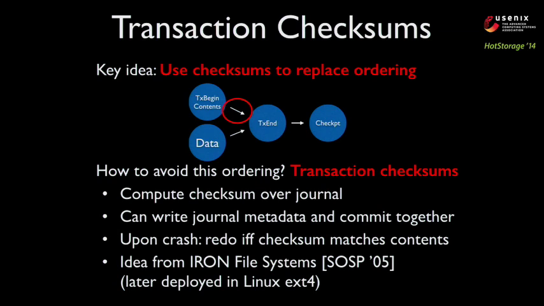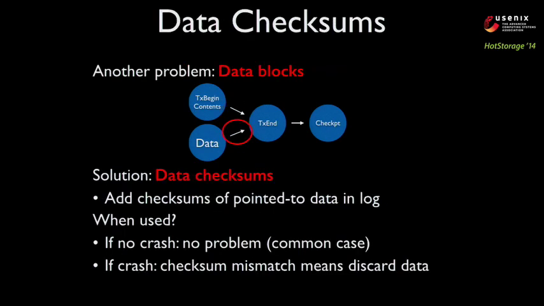If it does, it means that all the writes hit the disk. If it doesn't, it means throw out that transaction. It didn't all commit, so you shouldn't try to recover from that partial transaction. So it's an old idea, like I said, from some years back, and it became part of ext4 and ships as part of ext4 today.